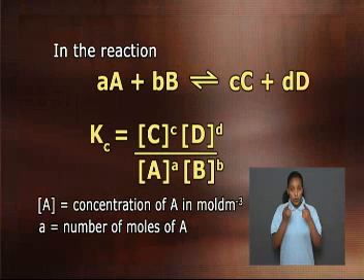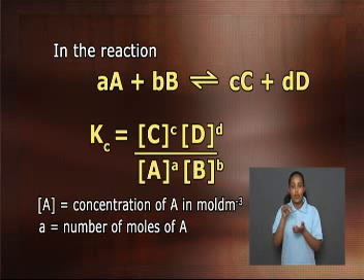When the concentrations are expressed in molarities, which is the measure of the concentration of any chemical species, the equilibrium constant is represented by K subscript c.